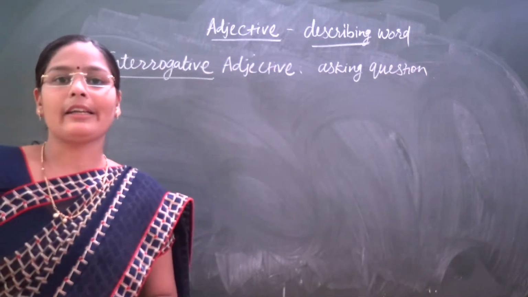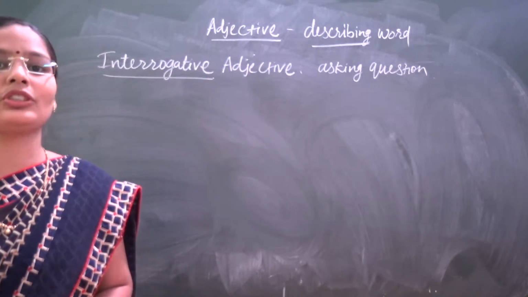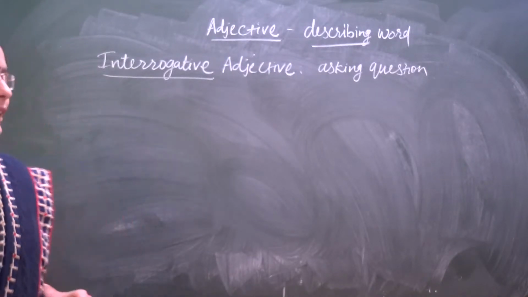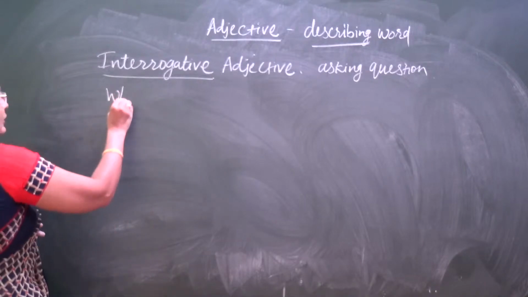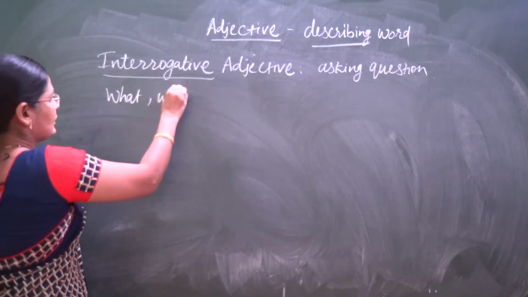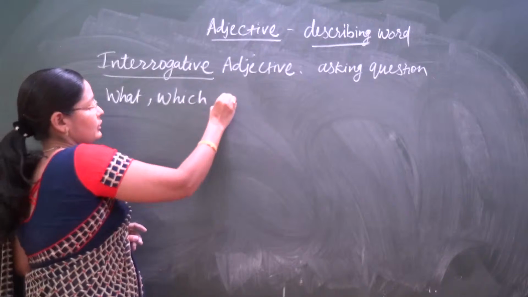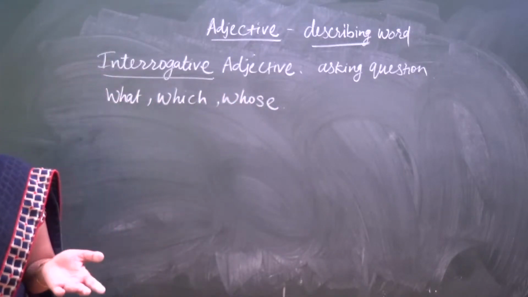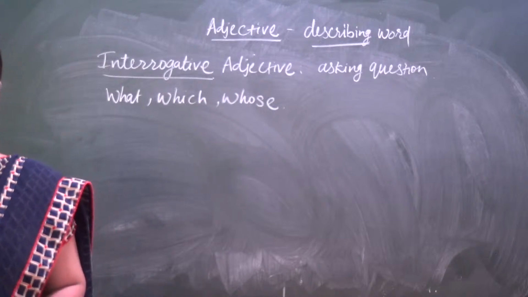Interrogative adjectives are helping nouns to ask questions. Interrogative adjectives examples are what, which, whose. Okay, all WH words can be used as interrogative adjectives.